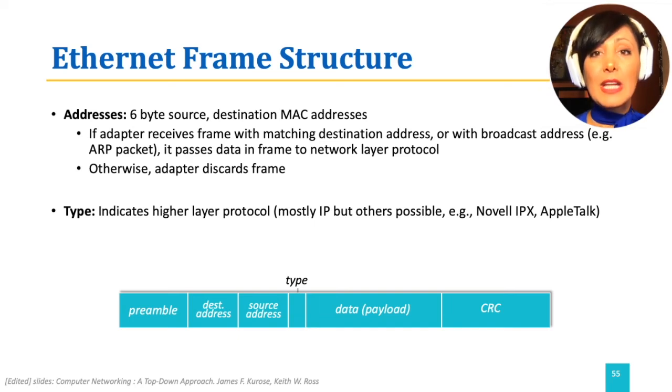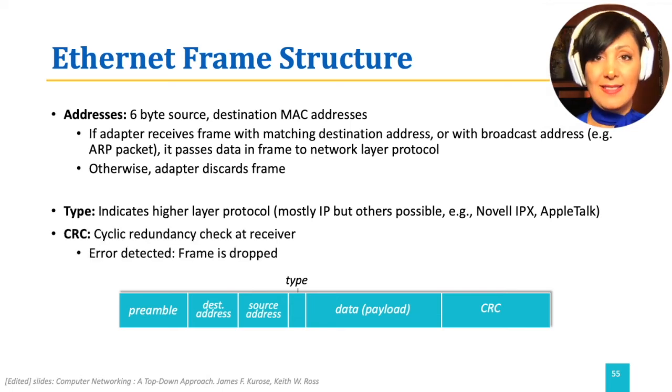The length of the IP datagram will be used in the network layer to reassemble the fragmented frames or separate the small frames from the stuffed bits. And last but not least, 4 bytes of cyclic redundancy check, or CRC, is used in the Ethernet frame to check the correctness of the frame at the receiver.